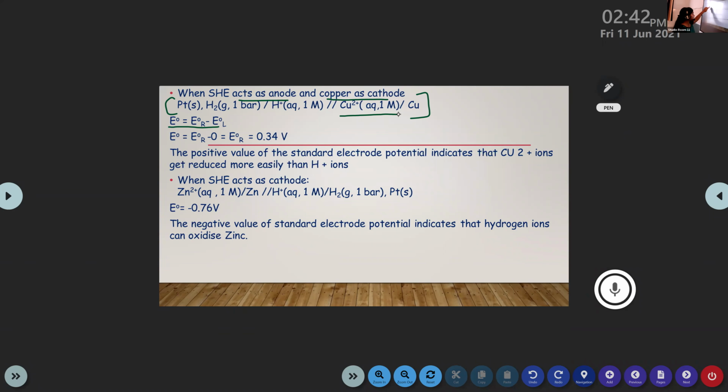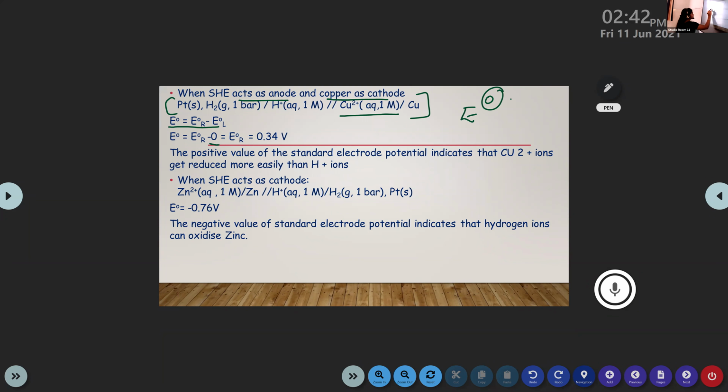Here we just put this 0 to represent it is standard form. Clear? So E right minus E left. Then I told you that the electrode potential of standard hydrogen electrode is always taken as 0.